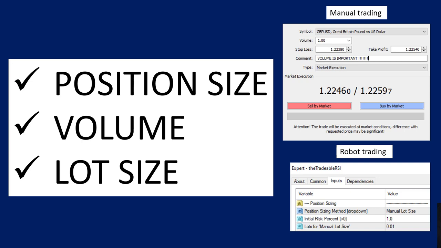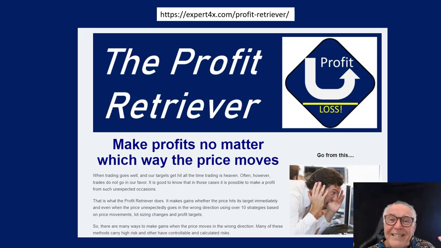But firstly, I want to show you a robot that we have created that only uses lot sizing or volume or position sizing as the critical way of making profits. So the Profit Retriever was specifically written to use lot sizing or position sizing or volume again to drive profits.